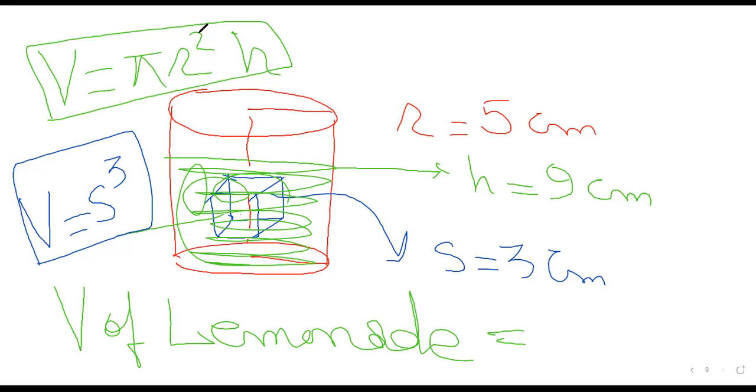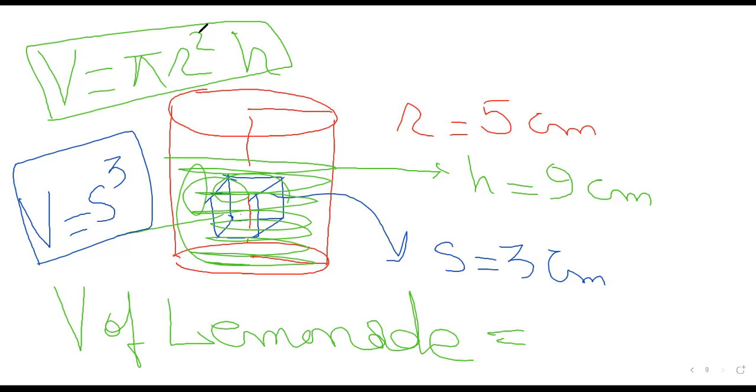So if it's just for the trial, you can take the screenshot, then you will have to get the calculation. What I can do is tell you the right option. Please note down the right option for this question: 9 multiplied by 5 squared multiplied by pi, minus 3 cubed.